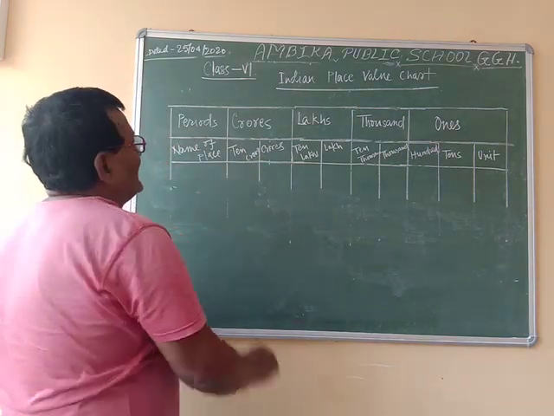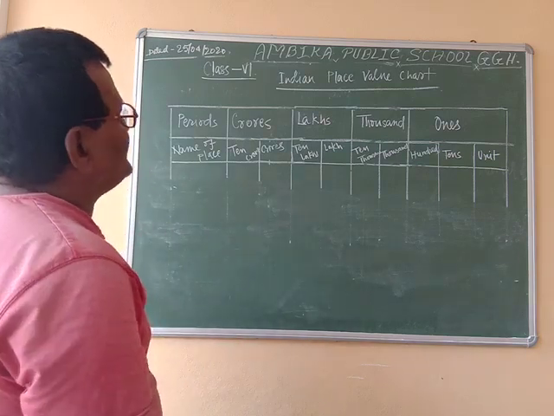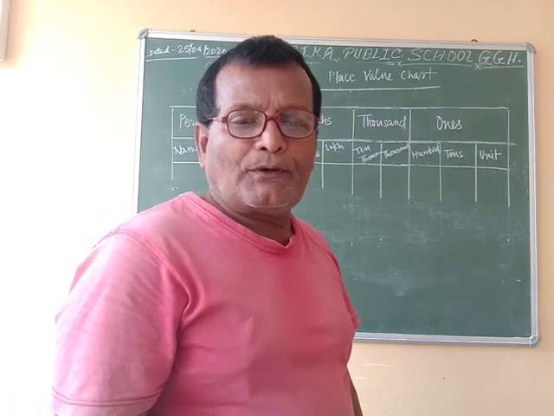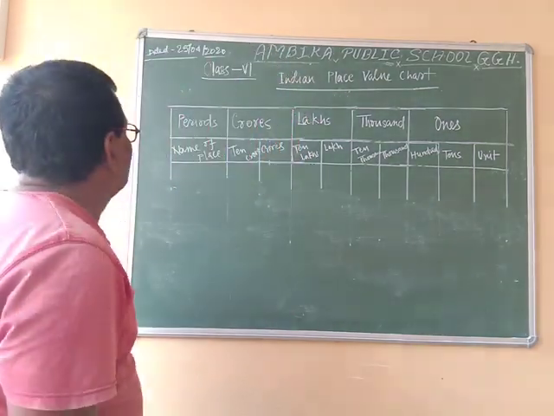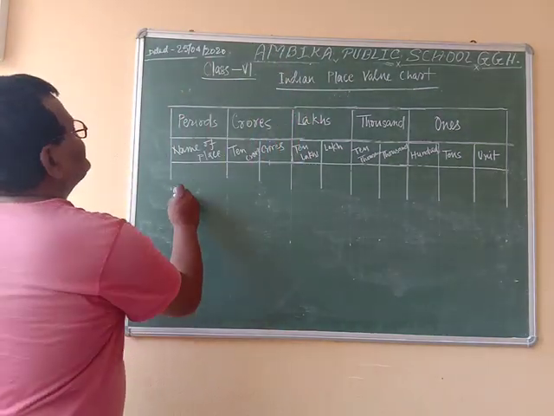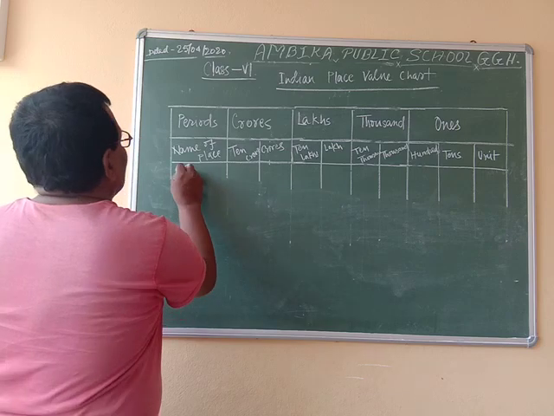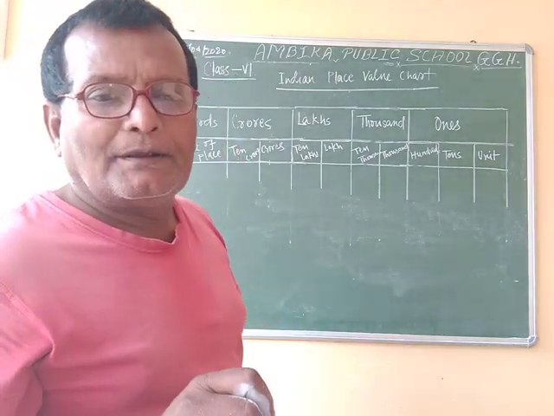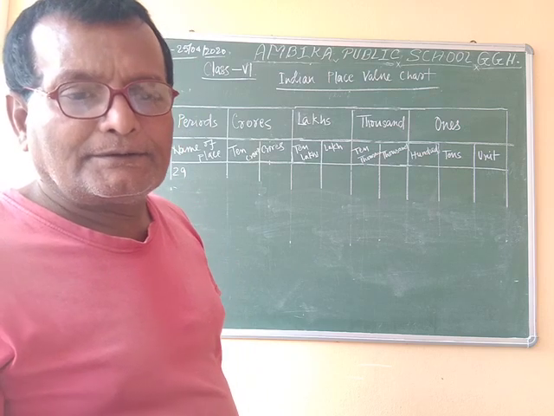If you have to write any number in the place value chart, as for example, 29.